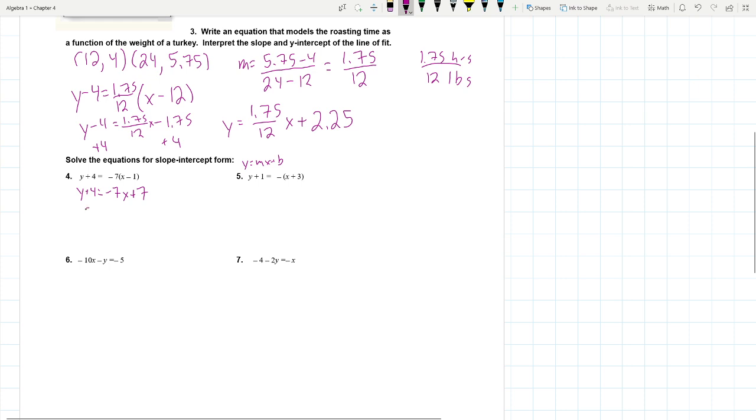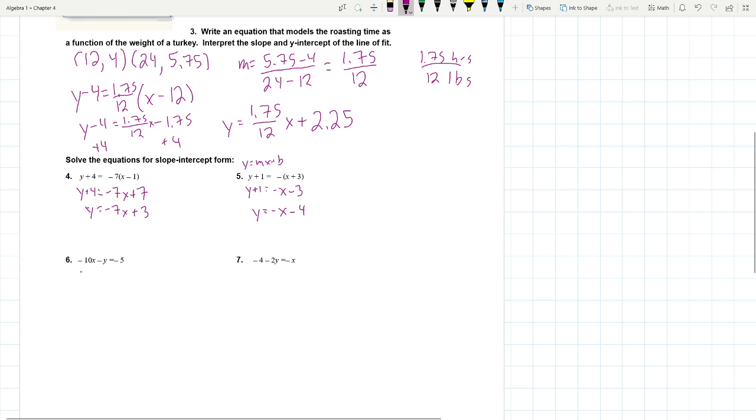Then I subtract 4 from both sides, so I get y equals negative 7x plus 3. Number 5, I distribute that negative x first, so y plus 1 equals negative x minus 3. Subtract 1 from both sides, so I get y equals negative x minus 4.